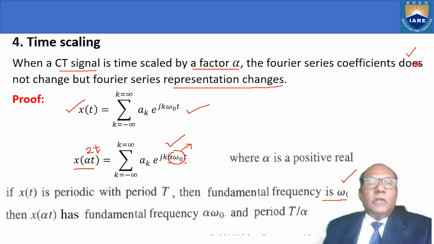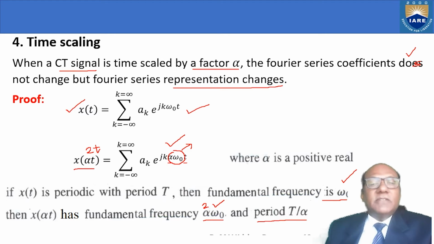Now the new fundamental frequency after scaling in time has become alpha omega naught, in this case 2 omega naught. So the period proportionally reduces because the fundamental frequency has increased twice. So the fundamental period will become half.